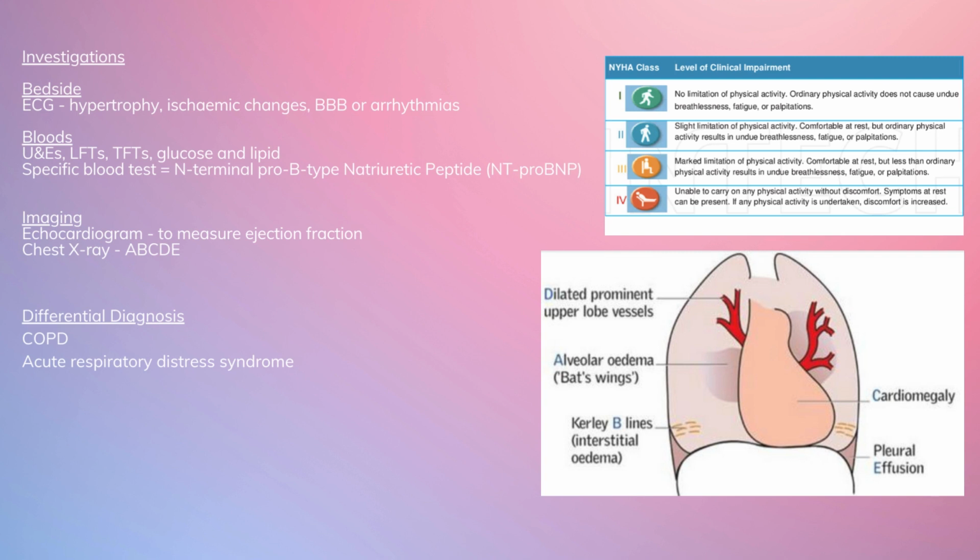However, the difference is that with heart failure, you can get a raised pressure in the pulmonary capillaries, whereas with acute respiratory distress syndrome, it's usually more due to increased pulmonary capillary permeability secondary to a large insult. For example, before the ARDS you may have had pneumonia, aspiration, or trauma. So those are some other potential differentials.